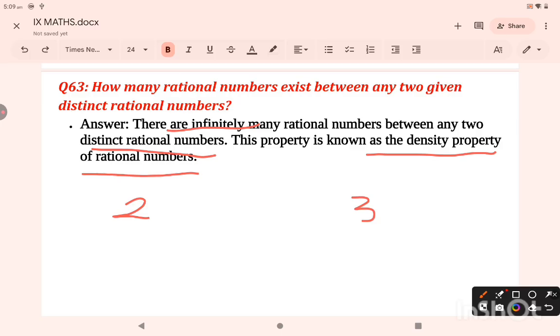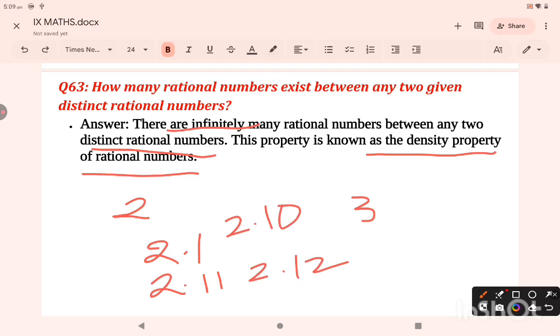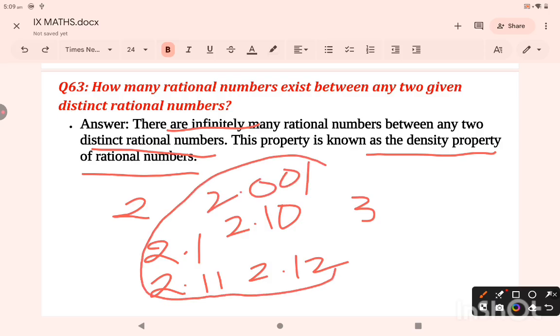In between these two, 2.1, 2.11, 2.12, 2.10, 2.001. All these lie in between 2 and 3.